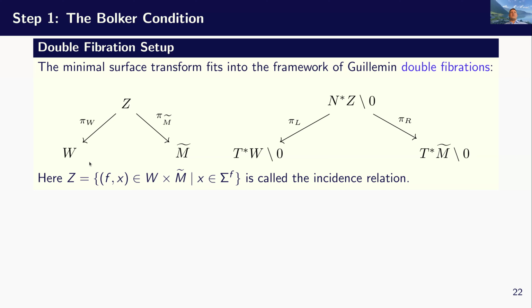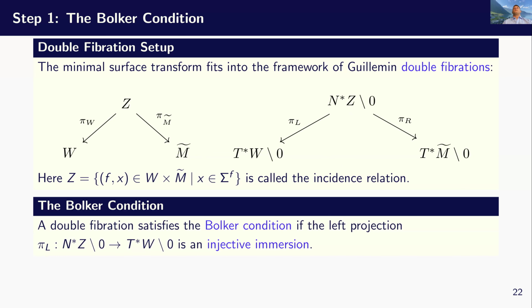The reason it's called a double fibration is that the projection pi W fibrates W, and this pi M tilde fibrates M tilde. Moreover, we will consider the graph on the right. Here we have the conormal bundle of this incidence relation, and then we have the cotangent bundle of W and the cotangent bundle of M tilde. The Bolker condition just says that the left projection here must be an injective immersion. So what does that, roughly speaking, mean?